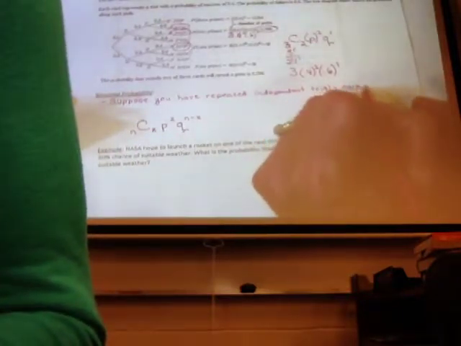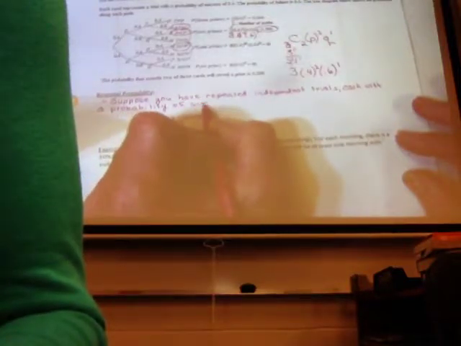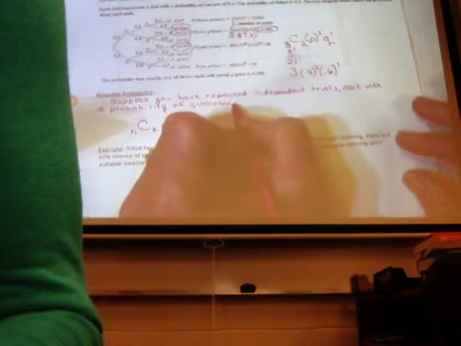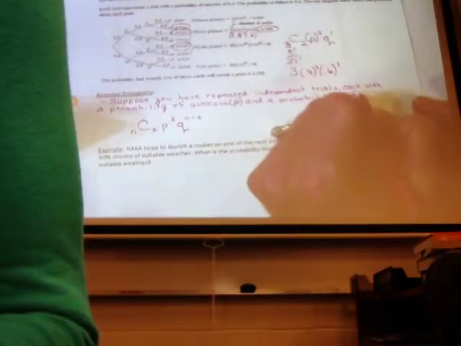Each with a probability of success P and a probability of failure, which they label as Q. So therefore, P plus Q should equal 1.